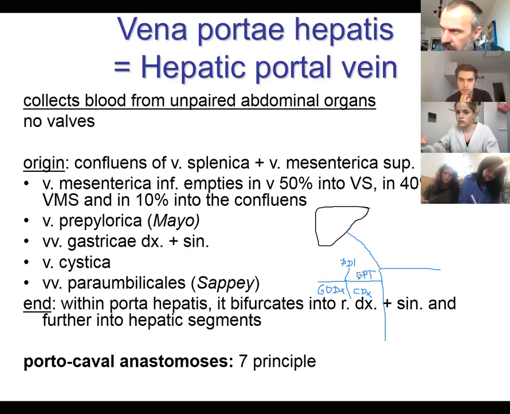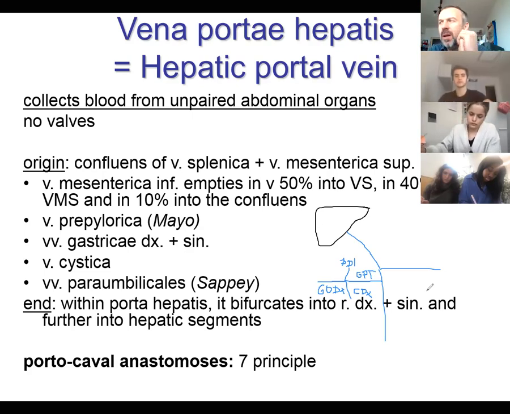This short gastropancreatic trunk appears just below the pancreas, and if you operate here and you would like to perform an operation on the pancreas or duodenum, this gastropancreatic trunk is not much movable, and there's a danger of making a rupture and causing bleeding from this. Yeah?